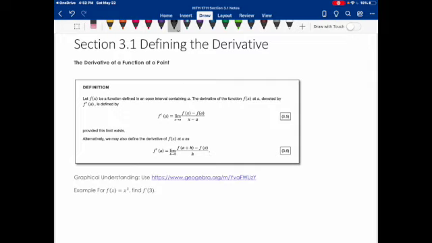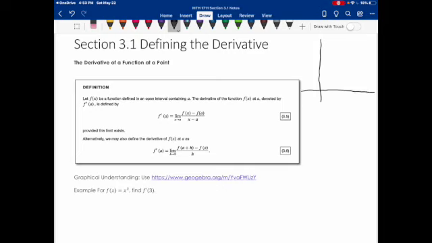So there's two ways that you can look at a derivative, two different perspectives. One is geometrical and one is physical. We already talked about the geometrical perspective in the very first section of this course.